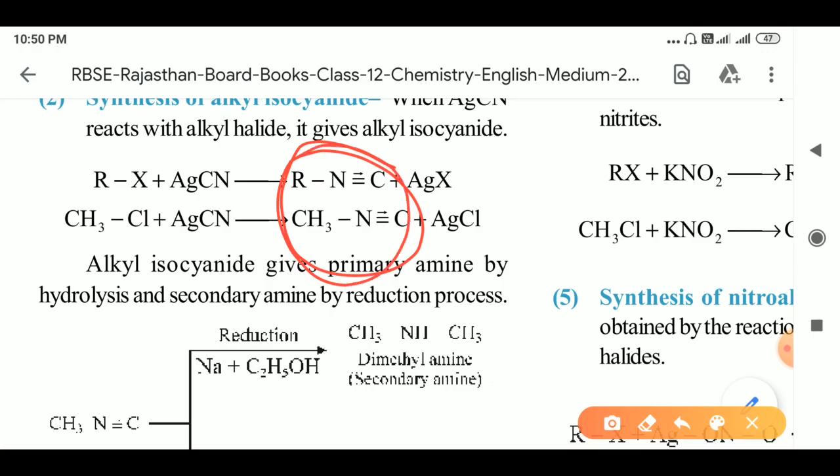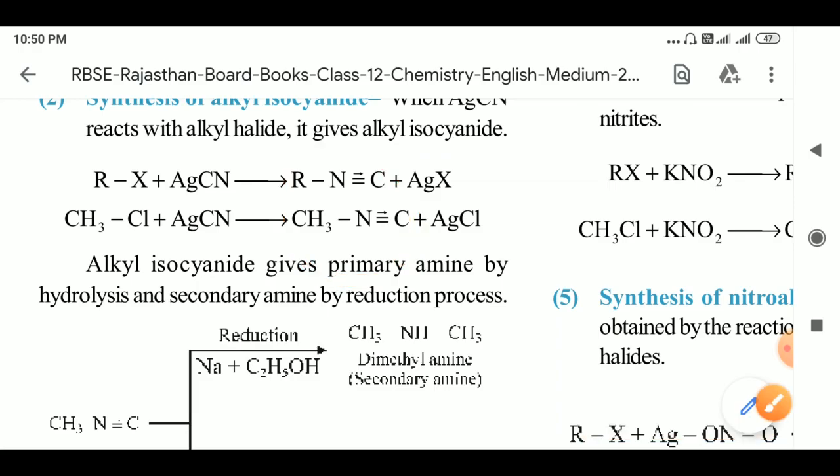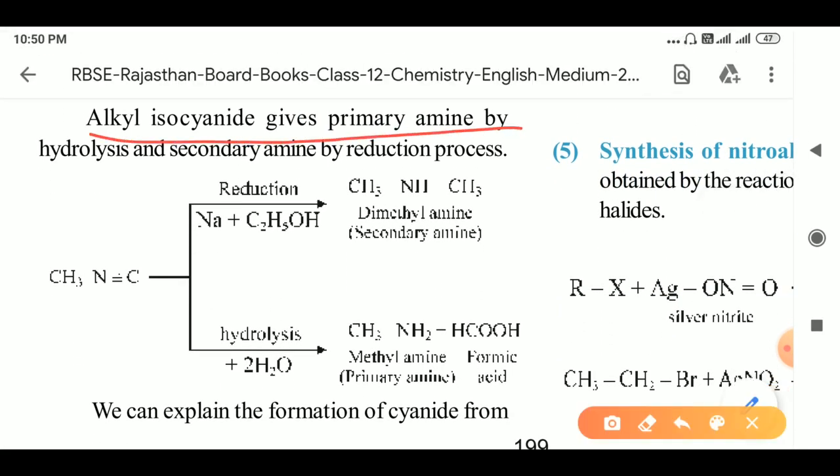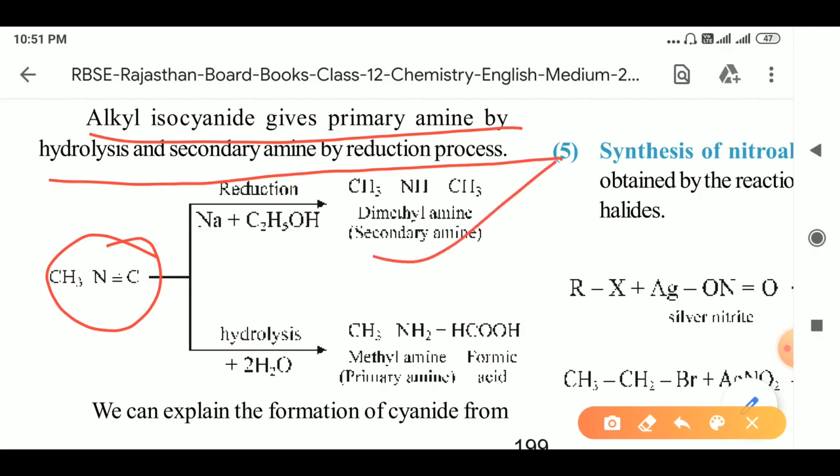CN is cyanide and NC is isocyanide. Alkyl isocyanide gives a primary amine by hydrolysis and a secondary amine by reduction. For CH3NC, methyl isocyanide, after reduction it gives dimethylamine, CH3NHCH3.